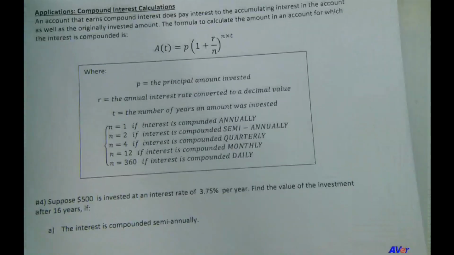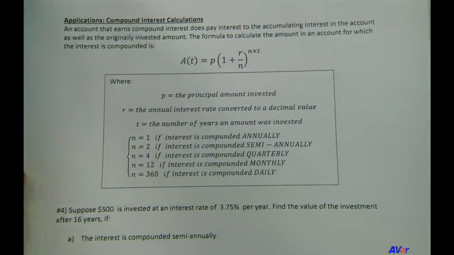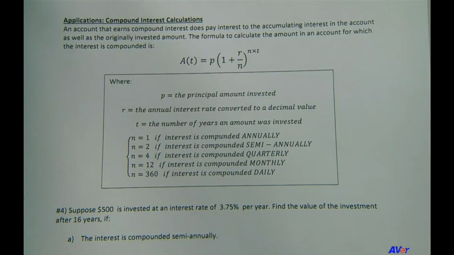Okay. So next for us is the application. One of the most important applications of natural exponential function or exponential functions in general is in the context of business and financial calculations, economics, business, and financial. One of the basic but very important formulas in finance is the calculation of compound interest, the calculation of a deposit into an account.